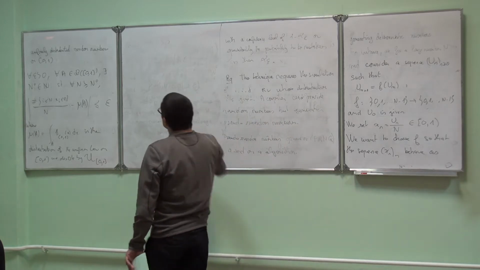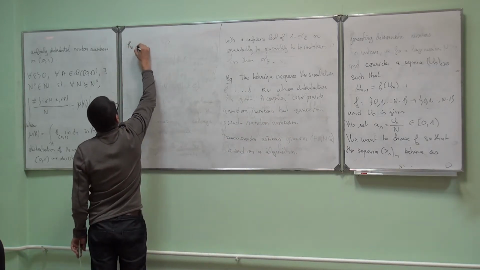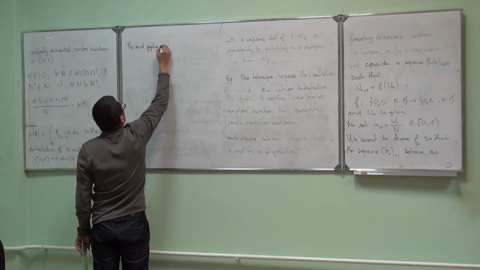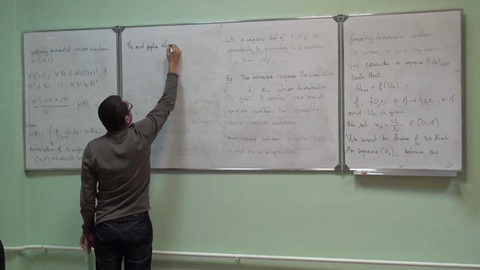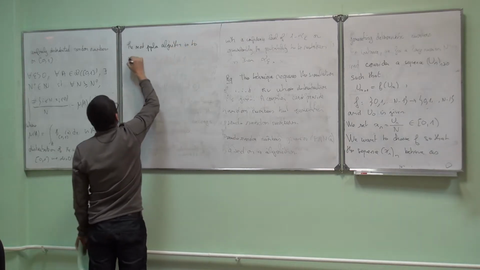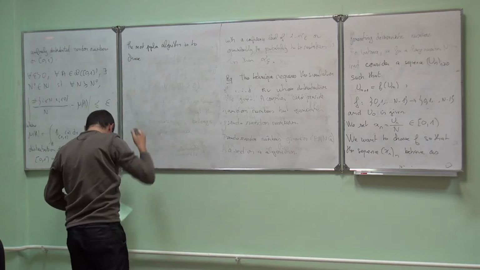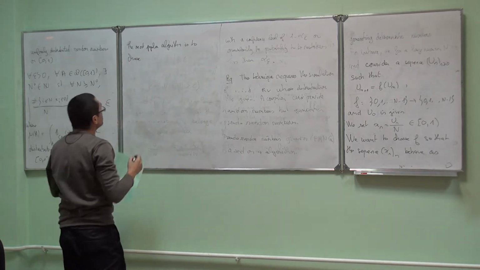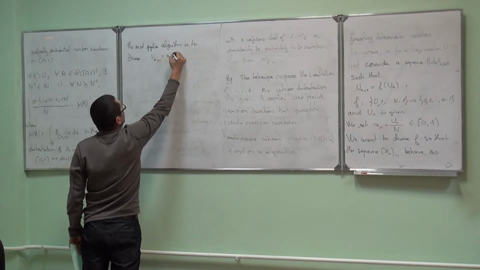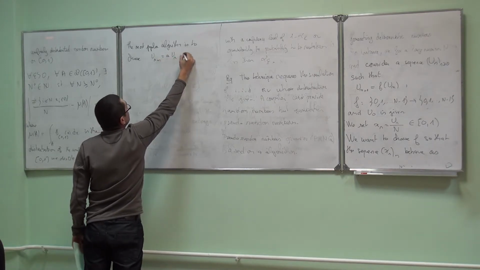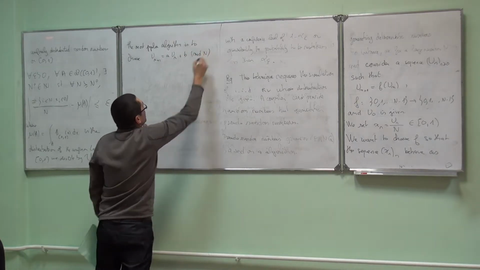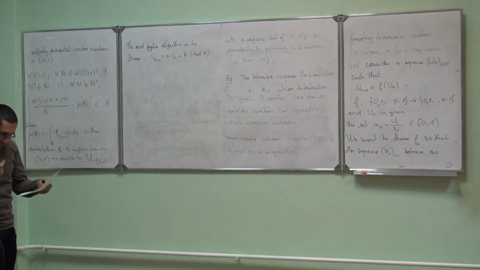The most popular algorithm is to choose U_{n+1} equals a times U_n plus b modulo capital N. Okay, very simple.